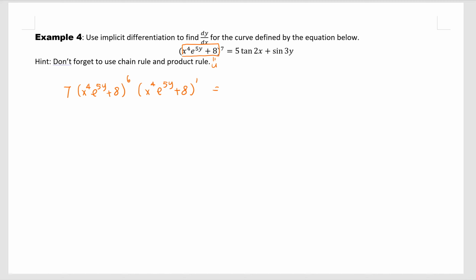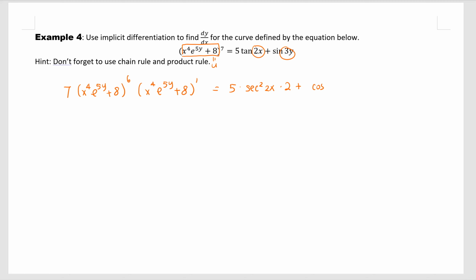On the right-hand side, 5 stays here. The derivative of tangent is secant squared. But you also have a chain rule. See, secant squared of u times u prime, but this 2x prime is just 2. The derivative of sine is cosine. Do we have another u?